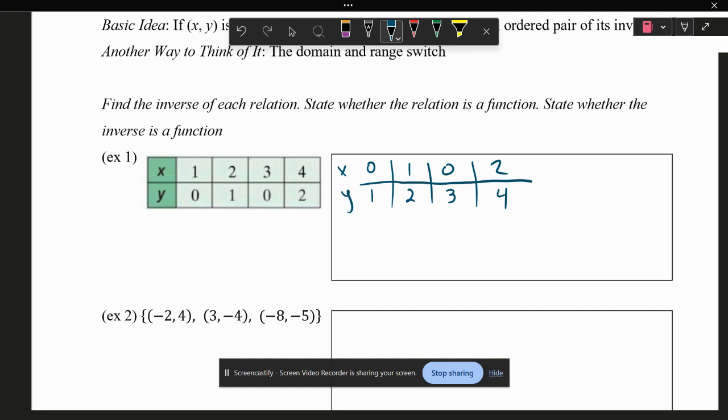And then from here, we want to look at our x values and see if any of them repeat. So because we do have a repeating x value, the inverse is not a function.